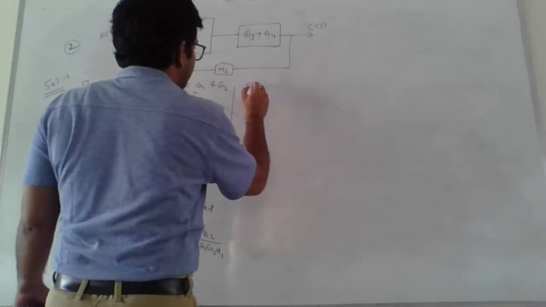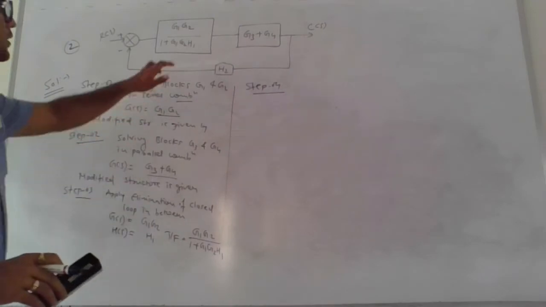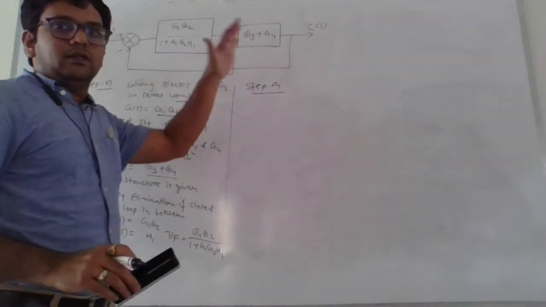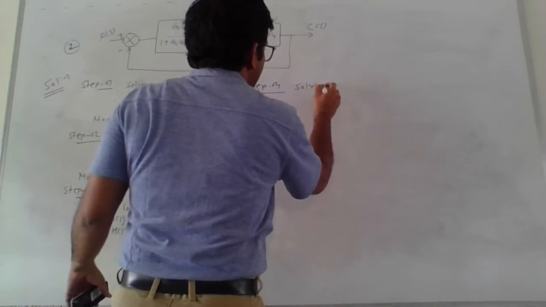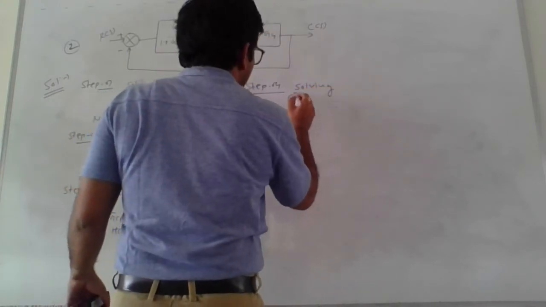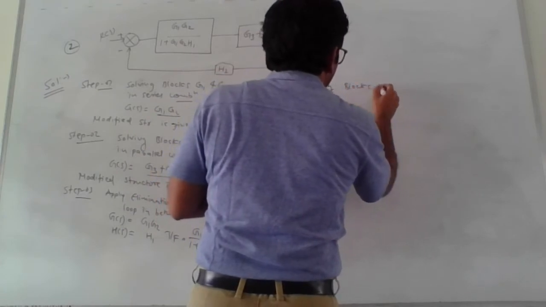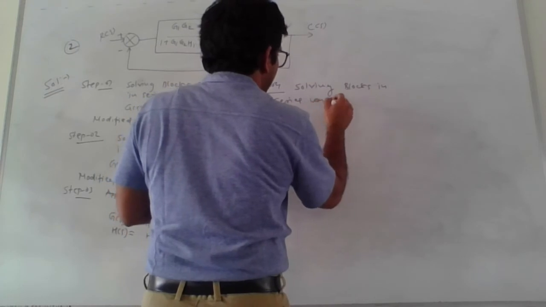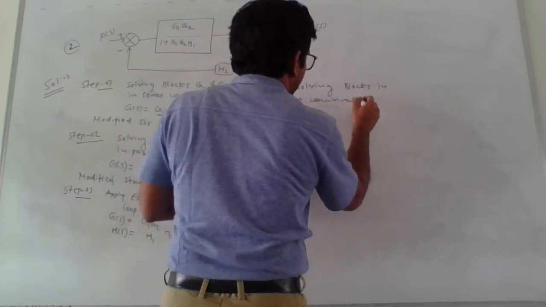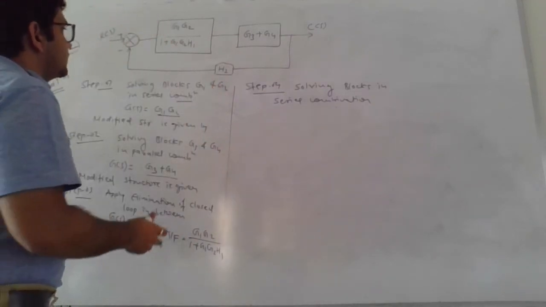So what will be the step number 4? Step number 4 is solving this block gain and this block gain in series combination. So solving blocks in series combination, or you can here define which two blocks you are going to solve in series combination.